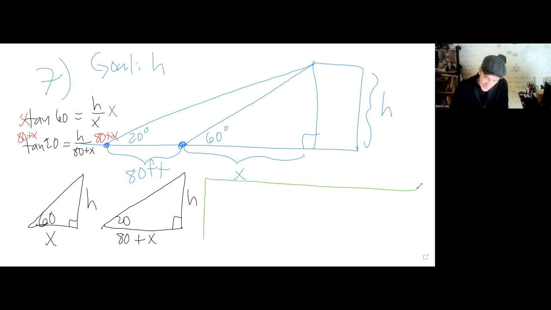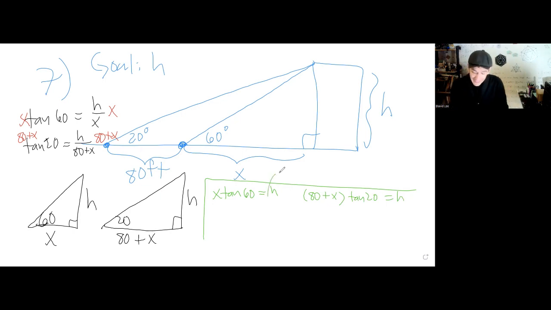We would have X tangent 60 equals H, and then we would have 80 plus X tangent 20 equals H. I'd have H alone on both equations.